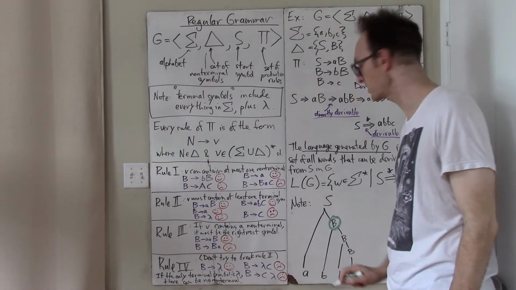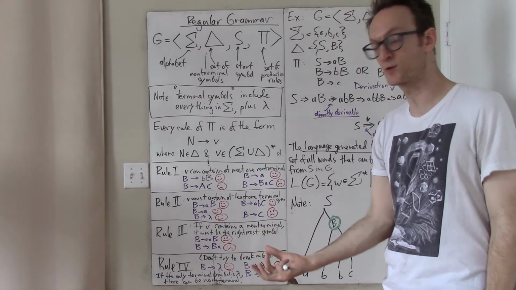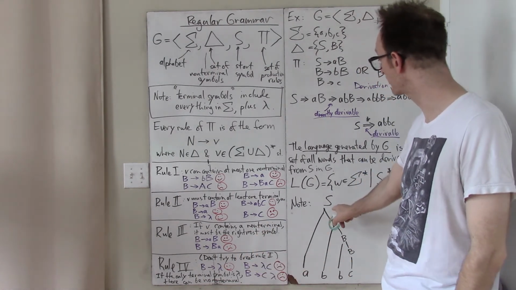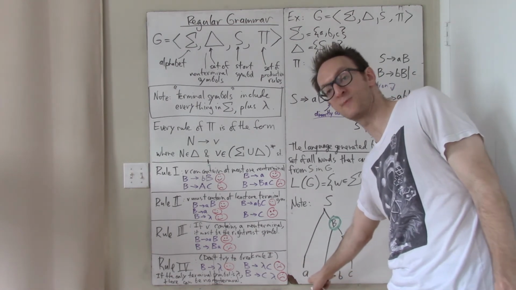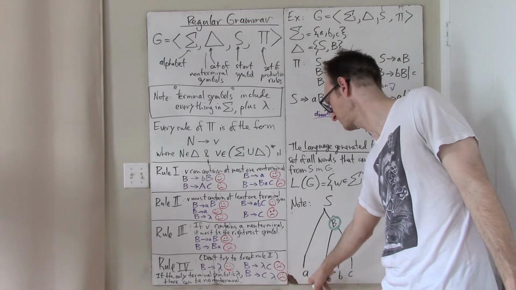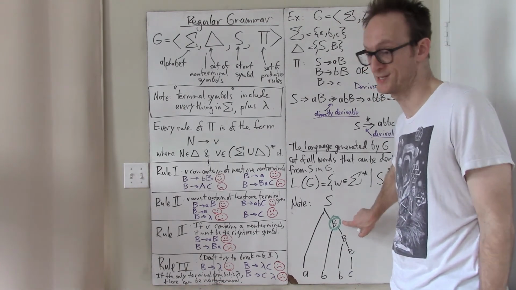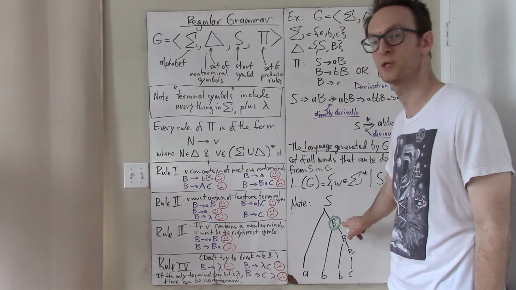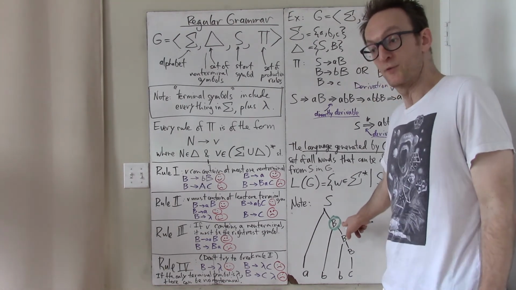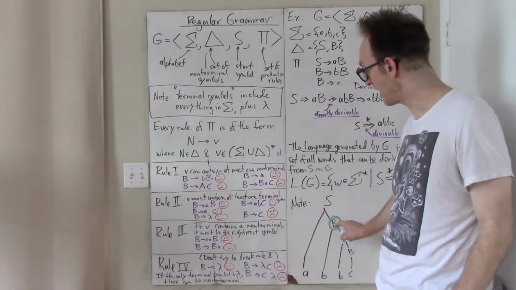That's the only live symbol which has any kind of generative power. After all, once we've replaced S with AB, A is not going to do anything anymore. It's a terminal symbol. That's the meaning of terminal. We've stopped. But the non-terminal symbol is still live. It has literally not terminated yet. And so the only room for this word to grow in length is from this non-terminal symbol.